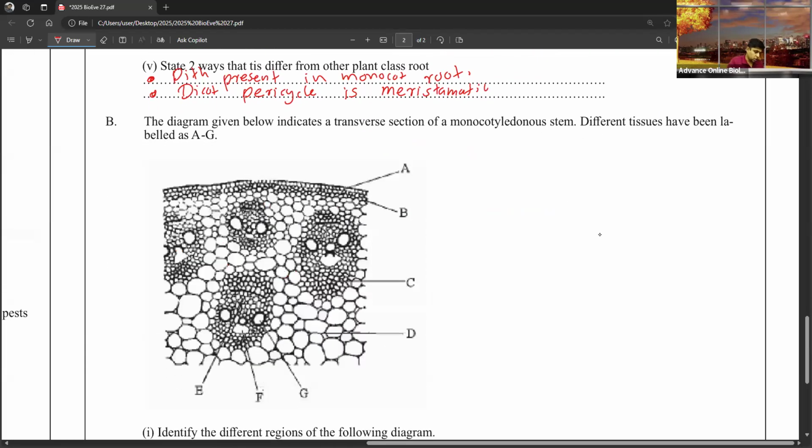This is monocot. You have to label them: A epidermis, B sclerenchyma, ground tissue. C is vascular bundle. D is ground tissue.